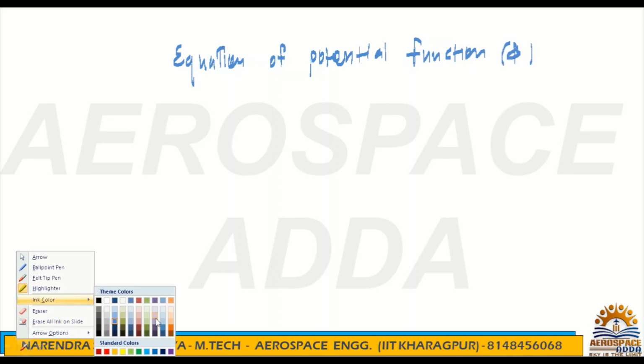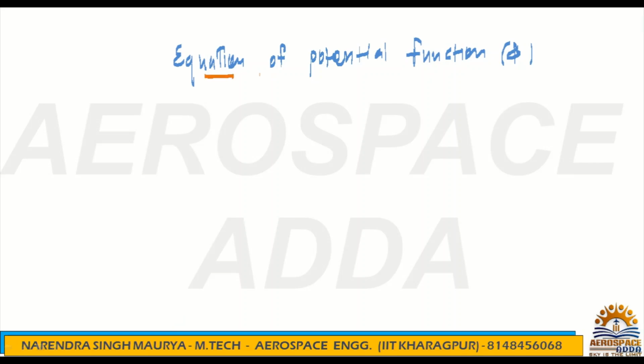So first, the equation of the potential function. We know the polar form, because we have radial velocity, radial distance and tangential velocity. So first we'll write the polar form of the potential function.